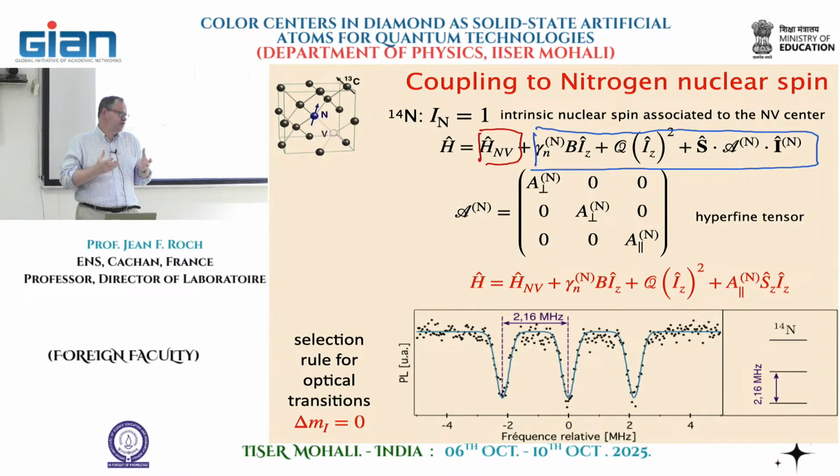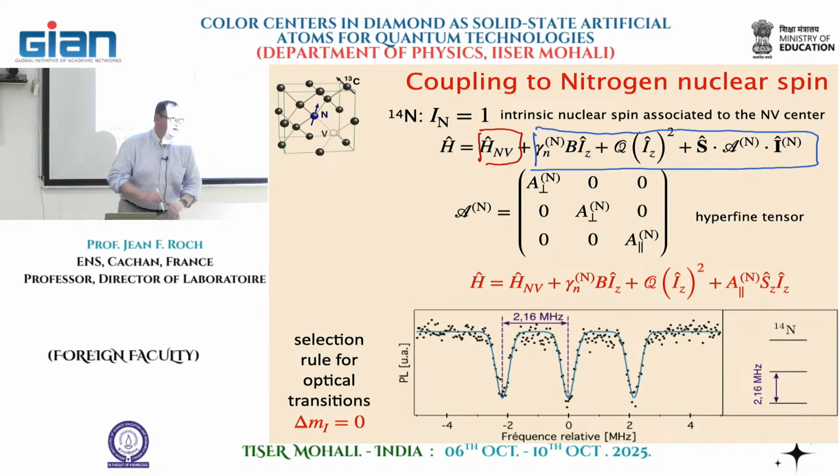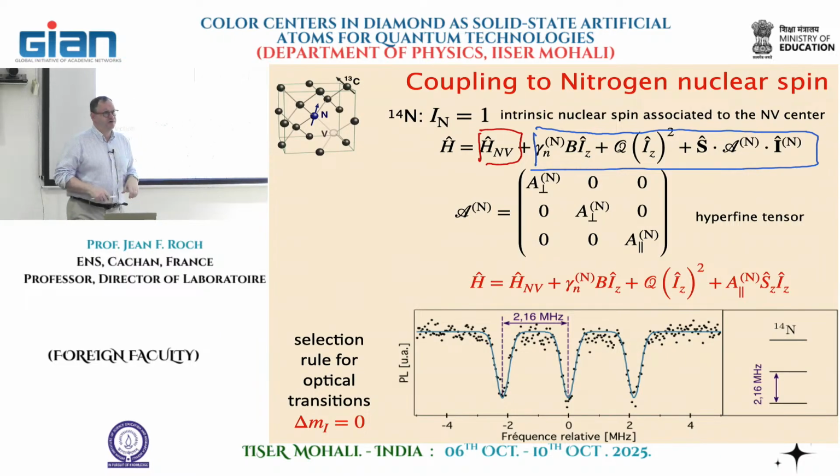That leads to a tensor form of the hyperfine interaction, and basically this tensor form has two terms. One which is longitudinal, which corresponds to an interaction between the two spins that are aligned, and another one that is perpendicular, which corresponds to the interaction between spin up for the NV, for instance, and spin perpendicular for the nuclei.